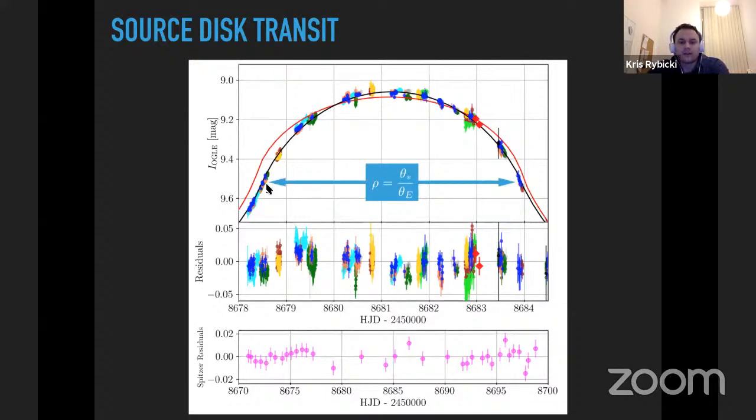And the size of this hat, this flattening in the light curve peak, is proportional to, well, the thing we get from the light curve is the angular size of the source in units of theta E. So if you have the angular size of the source in milliarcseconds or whatever unit, you can actually derive theta E.